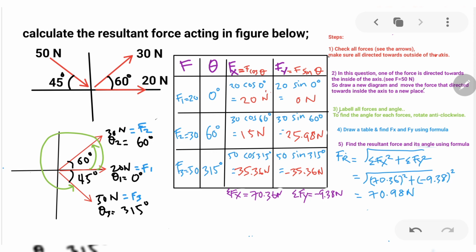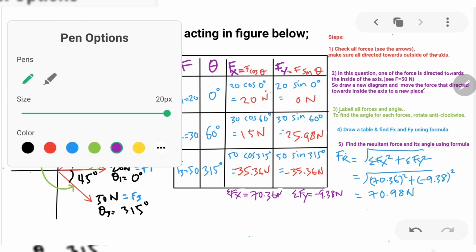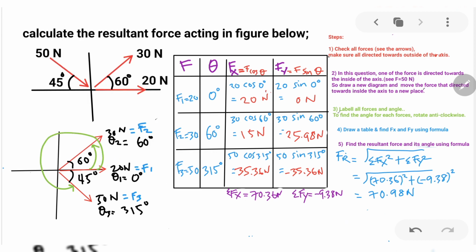Okay, when you find the resultant force, you must find the angle also. Okay, so the angle for this resultant force, we calculate it using the formula to find the angle, theta, which is the symbol of the angle, inverse tangent, sum of Fy divided by sum of Fx.